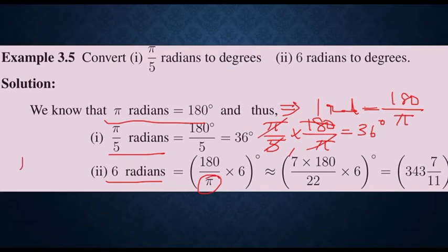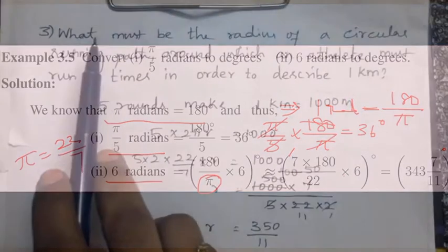So, in the denominator, if you write 22 by 7, 7 will go to the numerator. So, 7 by 22 into 180 into 6. While simplifying this, you get 343 into 7 by 11 degrees. Okay. This is how we have to convert radians into degrees.